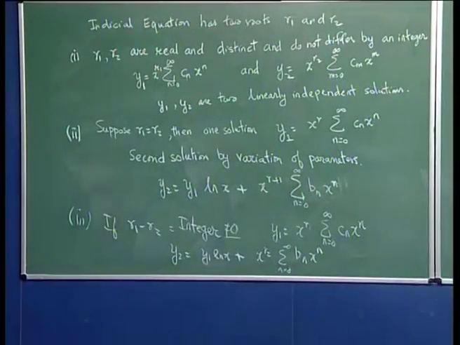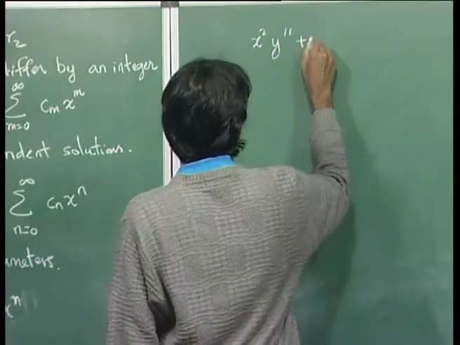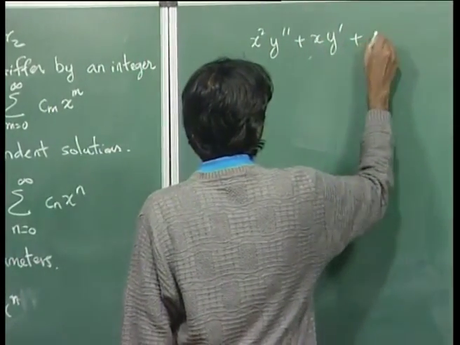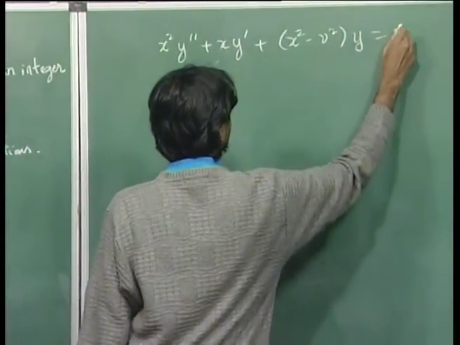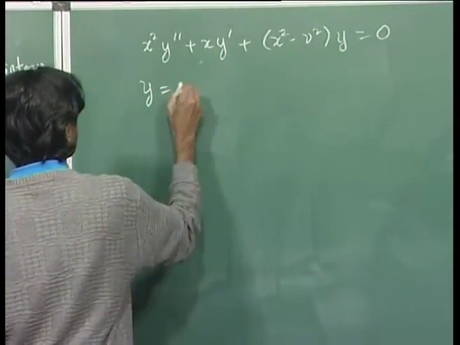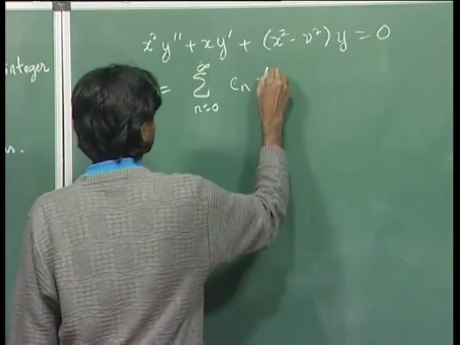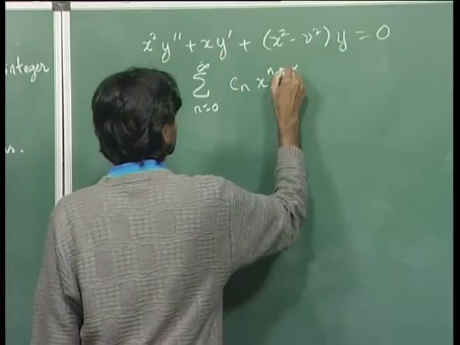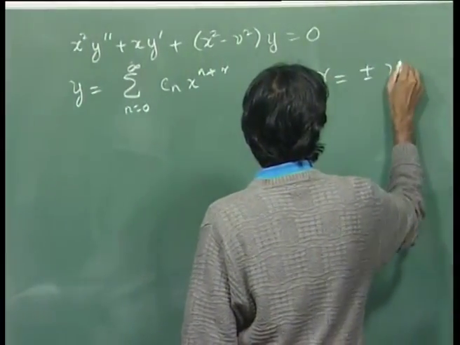Okay. So, let us now get back to the Bessel's equation and see what we get. So, remember the Bessel's equation was x square y double prime plus x y prime plus x square minus nu square y equal to 0, and we put y equal to sum over n equal to 0 c n x raised to n plus r, and what we got was r is equal to plus minus nu.